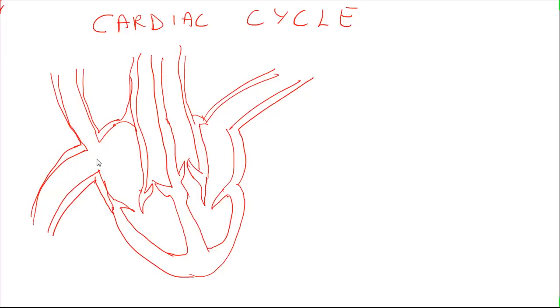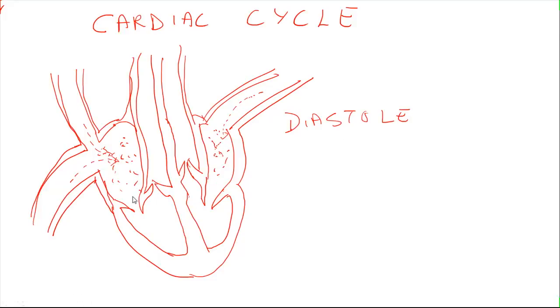So, one, blood flows in from there and there, and this is happening simultaneously, where left and right are simply two separate parts. And the blood is now filling up here and here. In this stage, we say the heart is in diastole, relaxed.